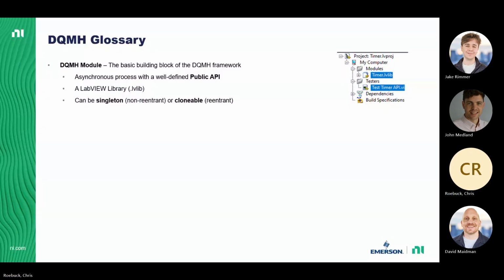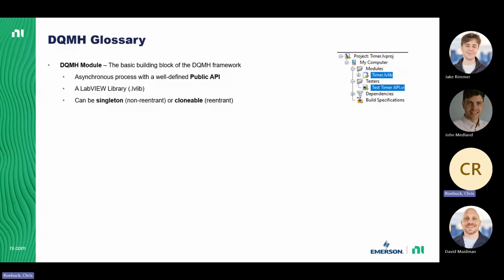Now, a pro tip from somebody who's been using DQMH for over 10 years: unless you are absolutely 100% bet-your-house sure that you're never going to have a second instance of something, create your module as a clonable. Even if you've only got a single instance of the module today, create it as a clonable if there is any possibility that in future you might have multiple instances.